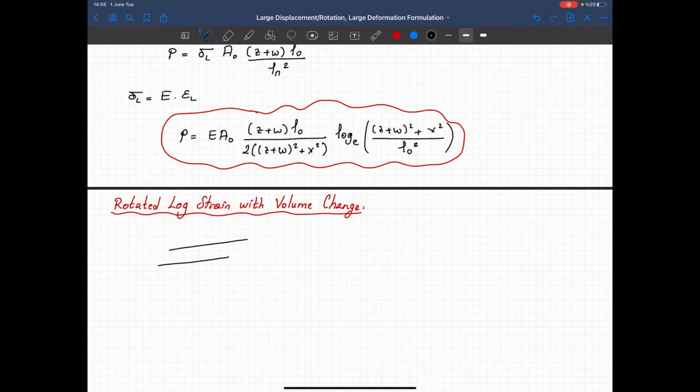Let's say that that's our member. That's the area. As it elongates, it will shrink as well due to the Poisson effect. Okay.